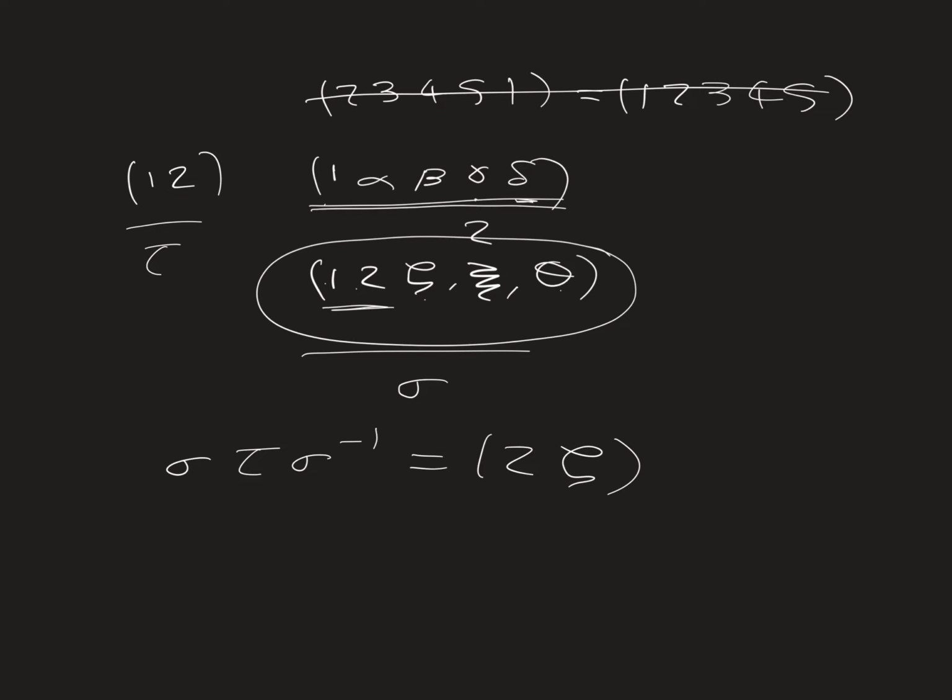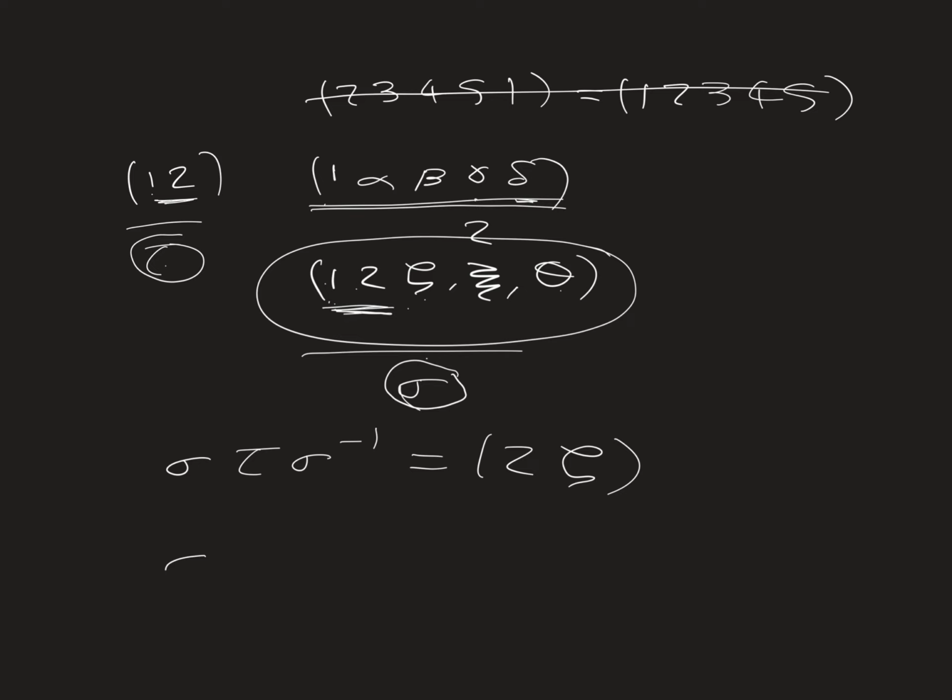It's a famous fact: if you conjugate an element by another element, you just replace the elements in the cycle notation of your original element with what they're being mapped onto by the element that you're conjugating by. I have a video explaining this somewhere in my group theory playlist.